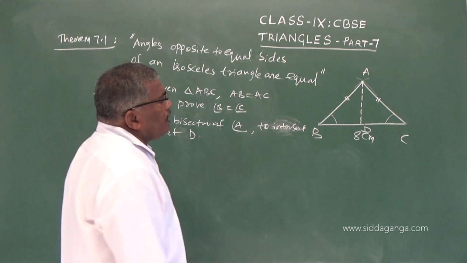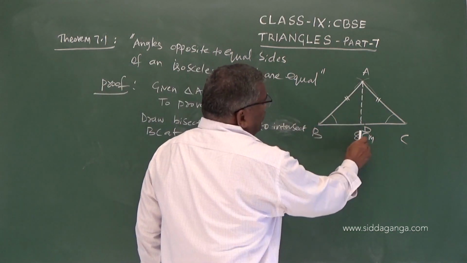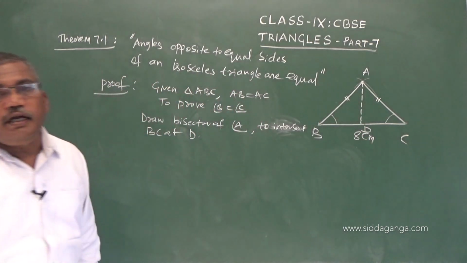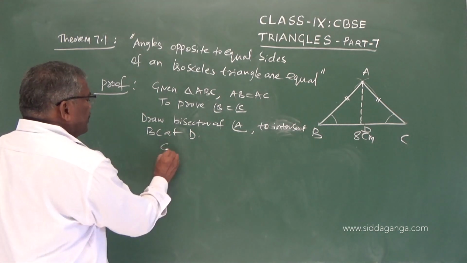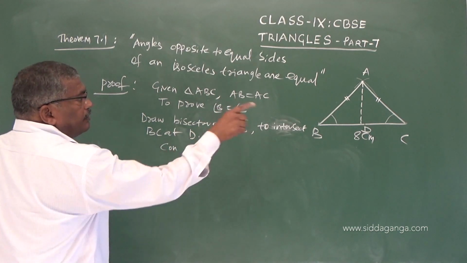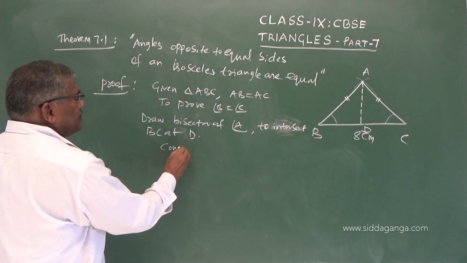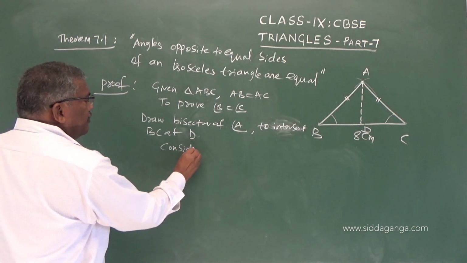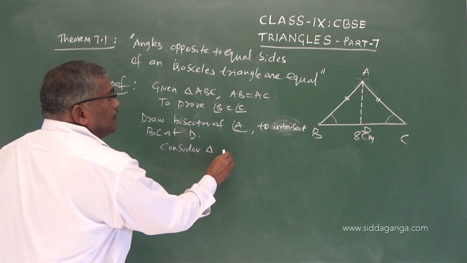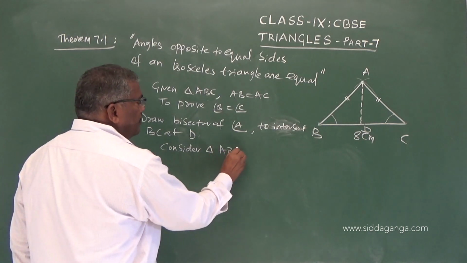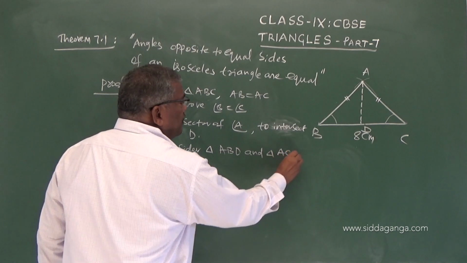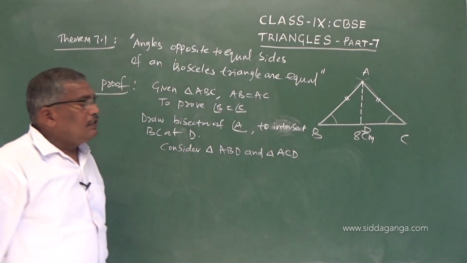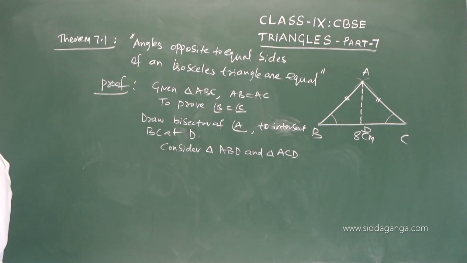Now, consider these two triangles, ABD and ACD, and examine the comparison of the two triangles. In these two triangles, what did we find?